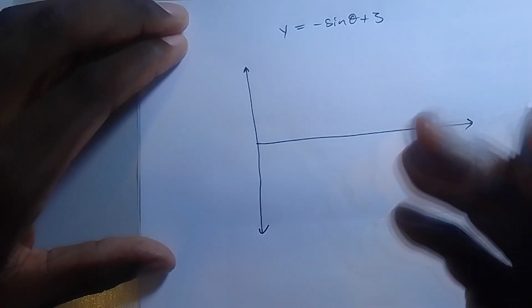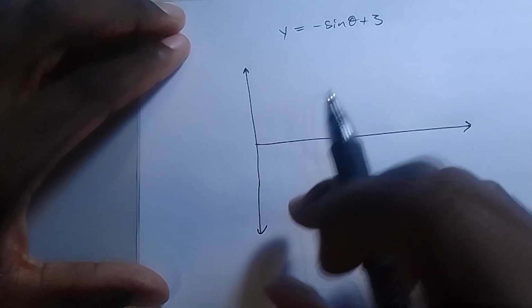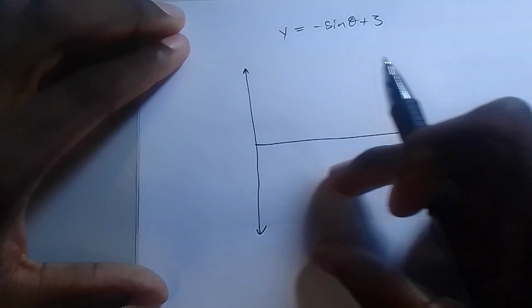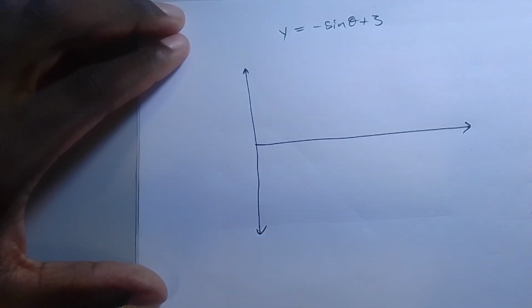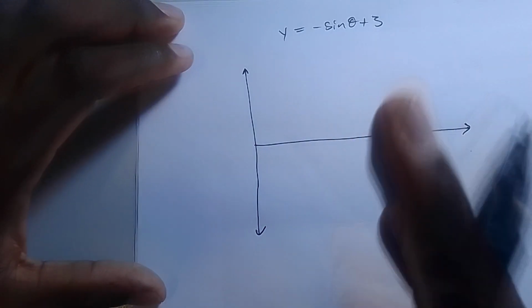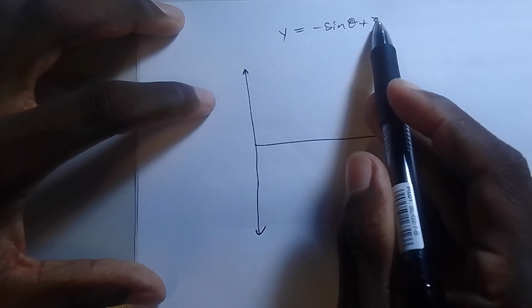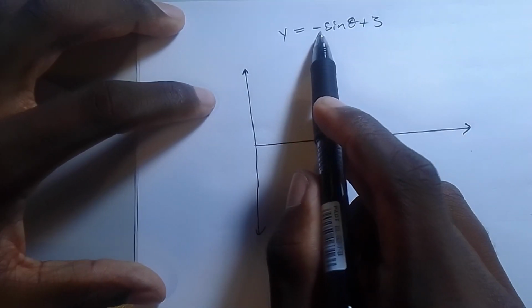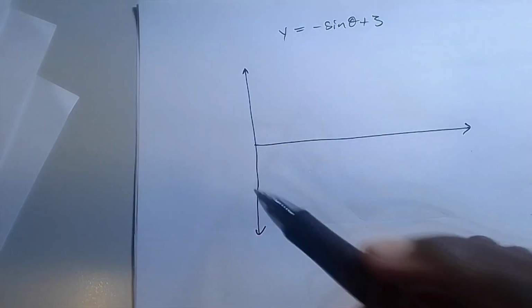So for this one, we have the axis. Again, you can draw it by getting the pair of coordinates on the square boxes, or you could understand what's happening with the +3 and the minus in front of the sine theta.